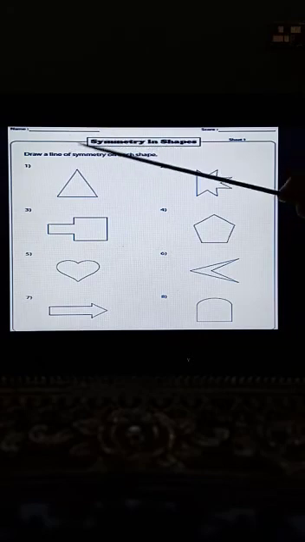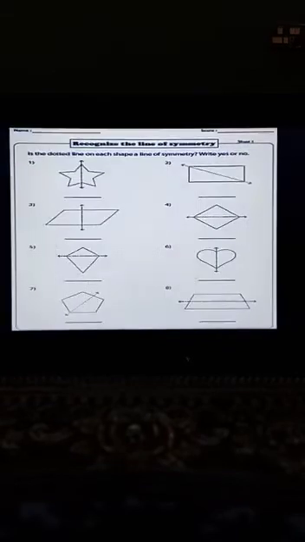If you observe this worksheet, boys, you can see that some shapes are symmetrical and some are not. But how can we say that this shape is symmetrical and this shape is not when you put a line of symmetry on them?